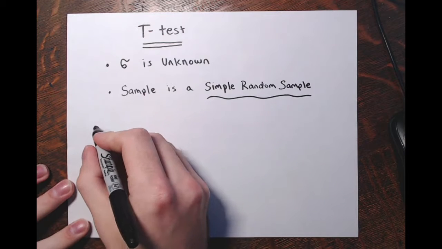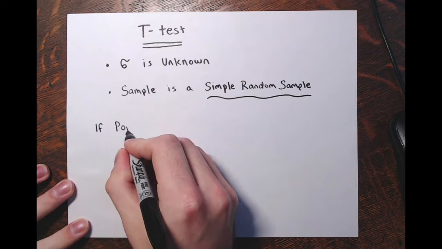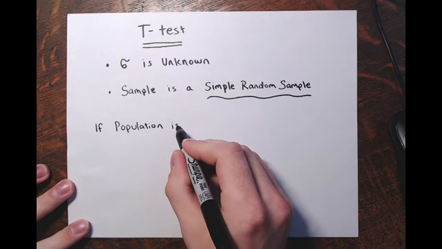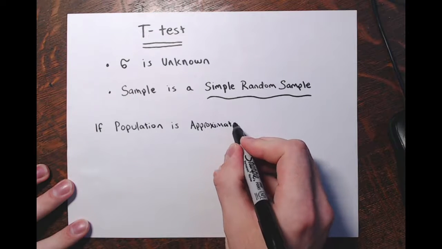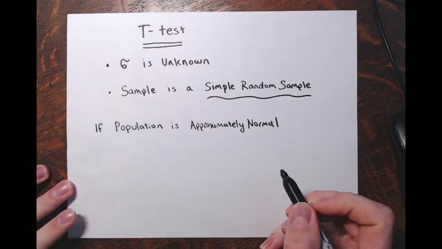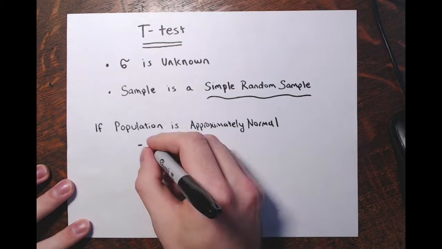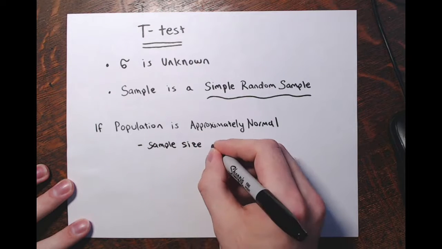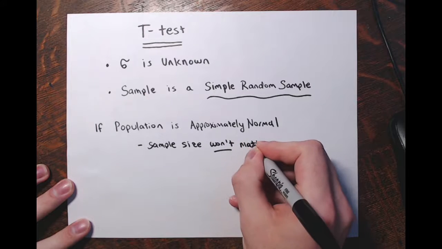So if the population is approximately normal, or just normally distributed, then sample size doesn't matter.